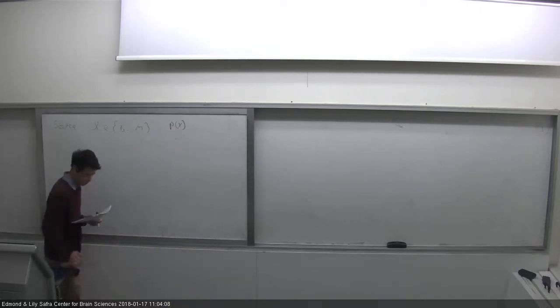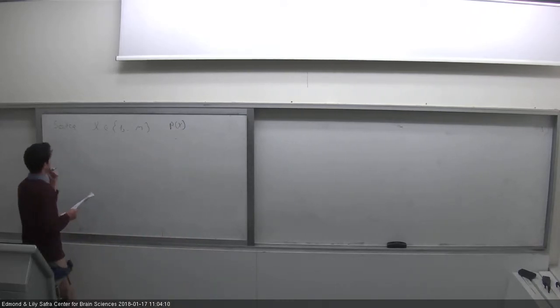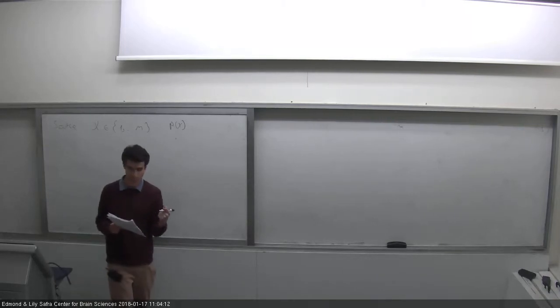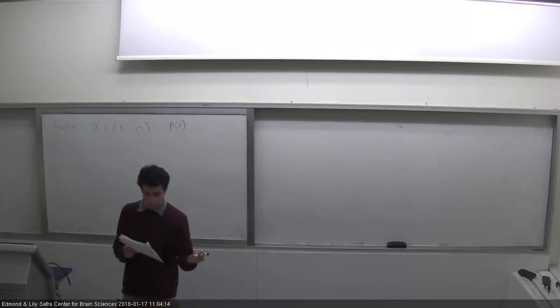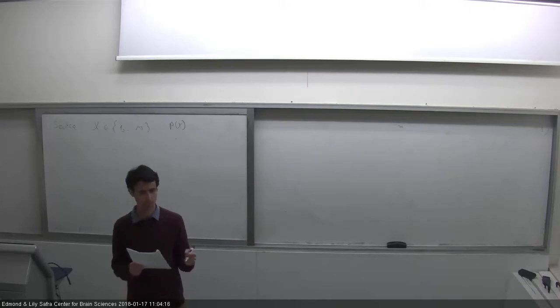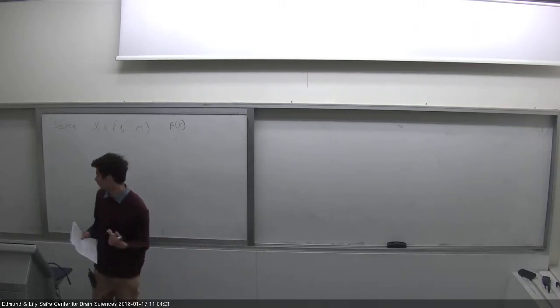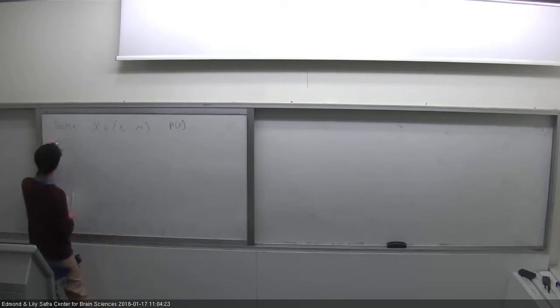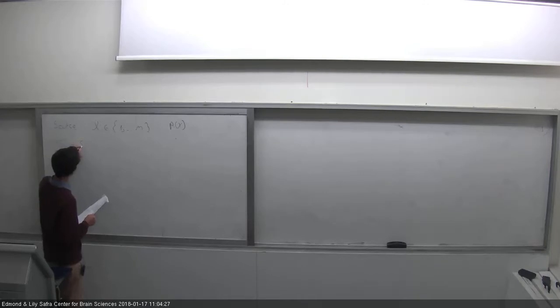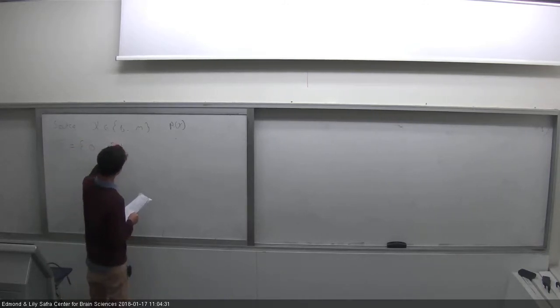Okay, and now we would like to encode this message, this source, using some alphabet with D symbols. Okay, so we have some alphabet sigma, okay, with D symbols.